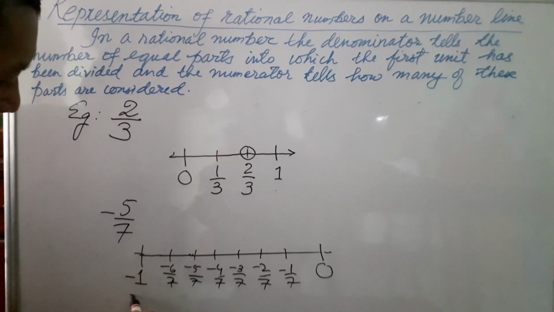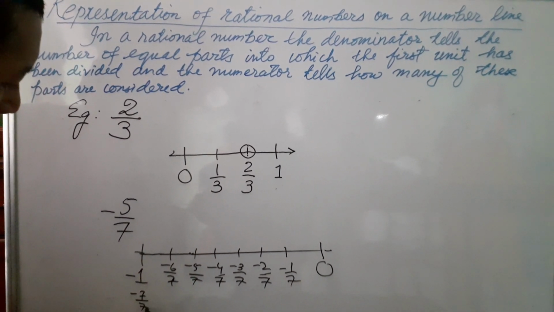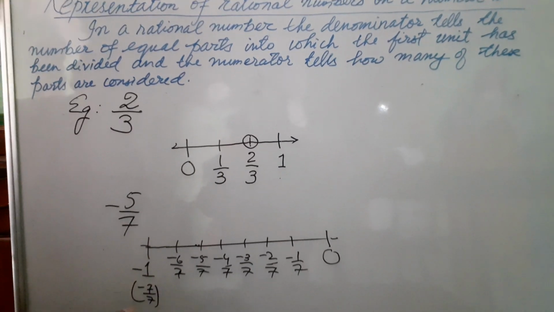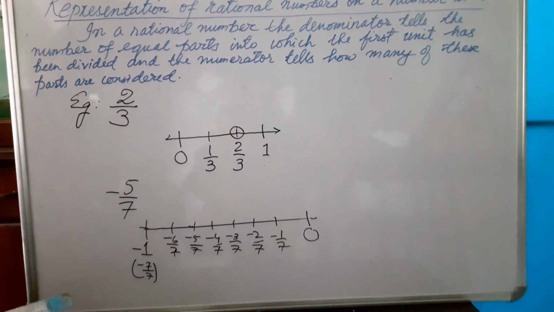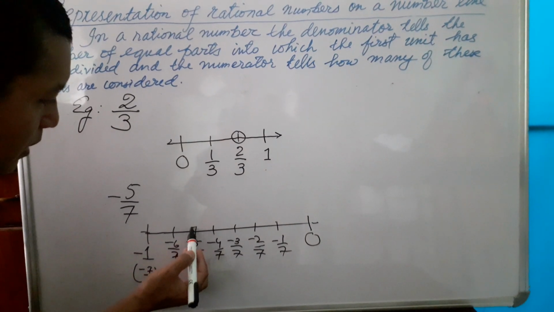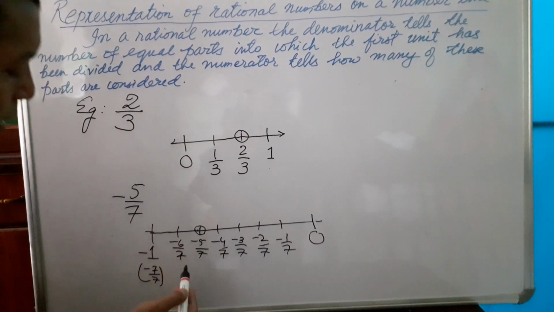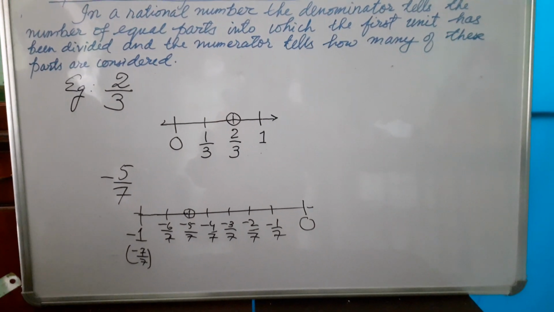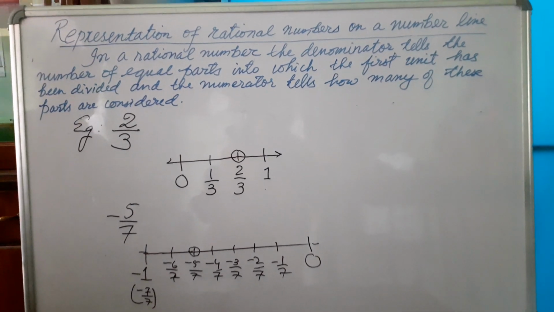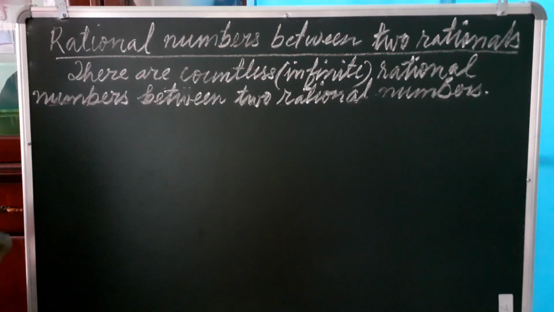When it comes to minus 7 by 7, minus 7 divided by 7, it is minus 1. So this point represents minus 5 by 7. In this way, we represent rational numbers on a number line.